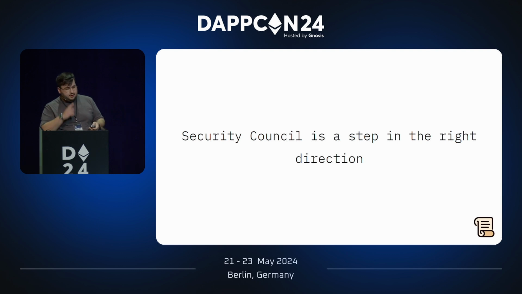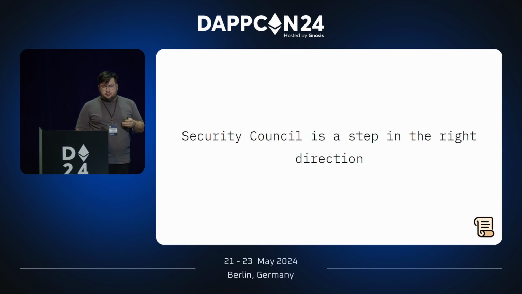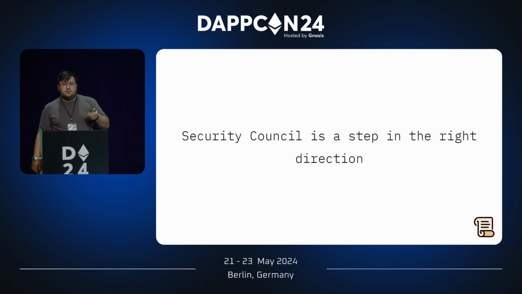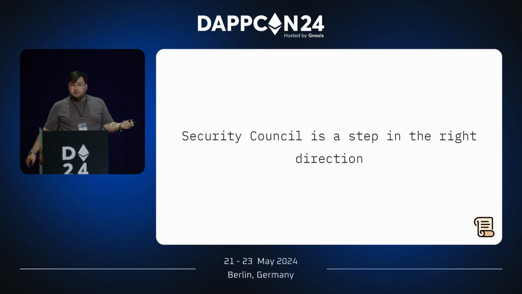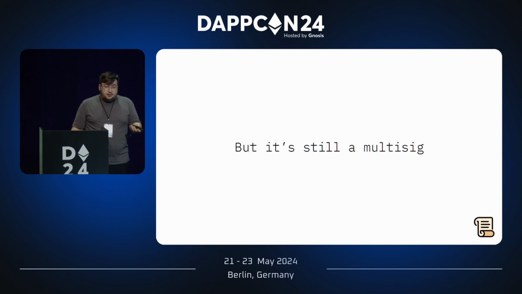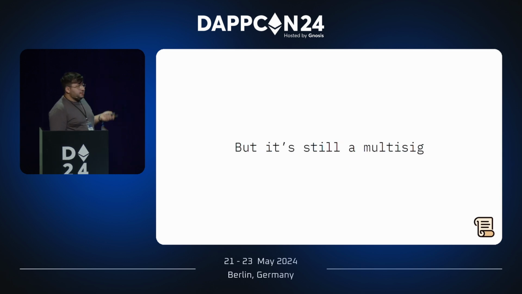So I think the definition of Security Council that L2Beat and Vitalik propose is that the maximum amount of core team members that can be on the Security Council is 25% of the entire multisig. And so it is a step in the right direction because it's not fully controlled by the team, but it's still a multisig. And a multisig is a multisig.